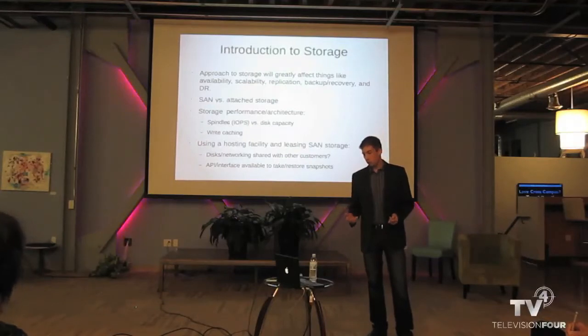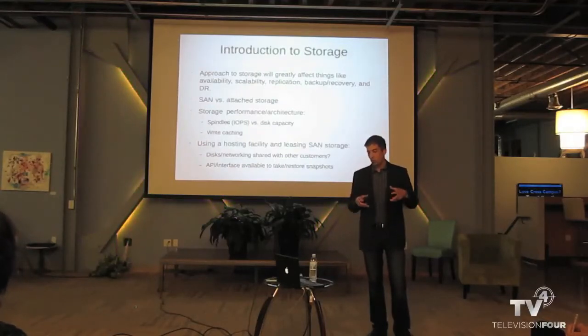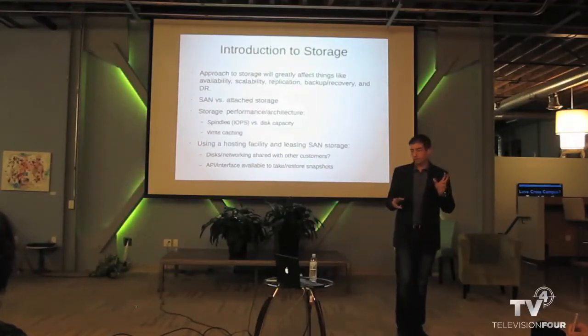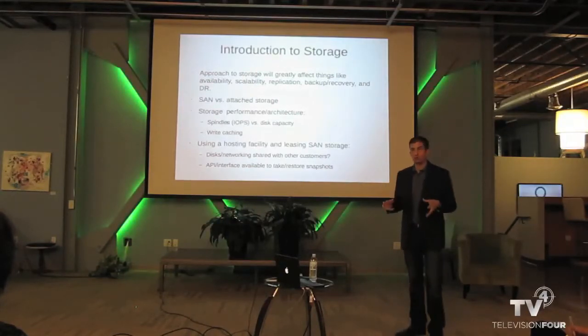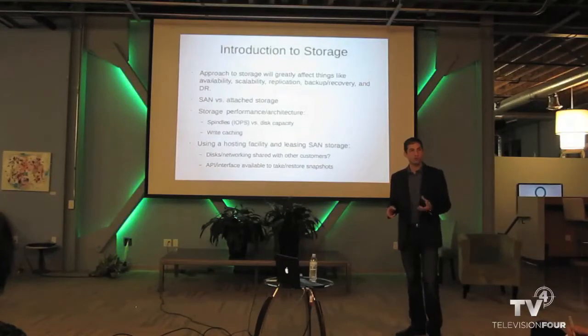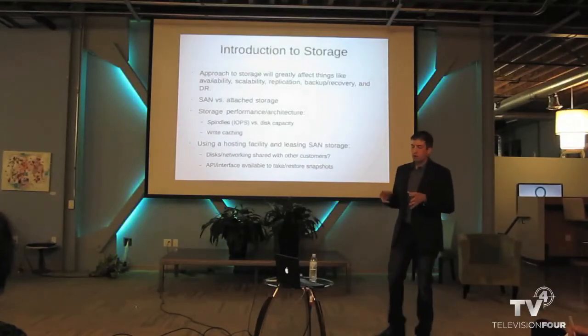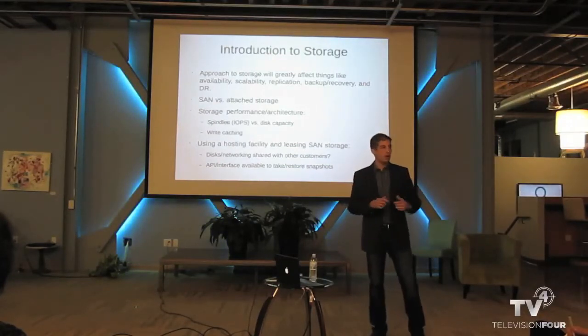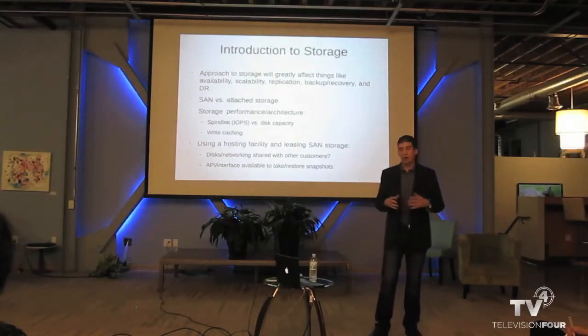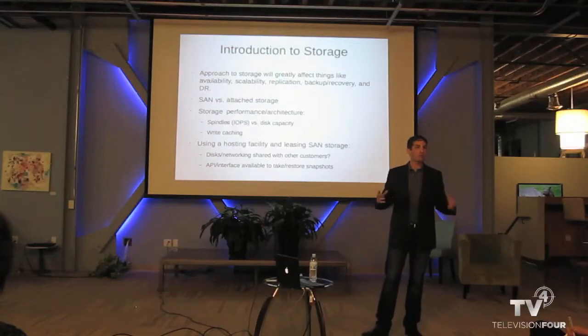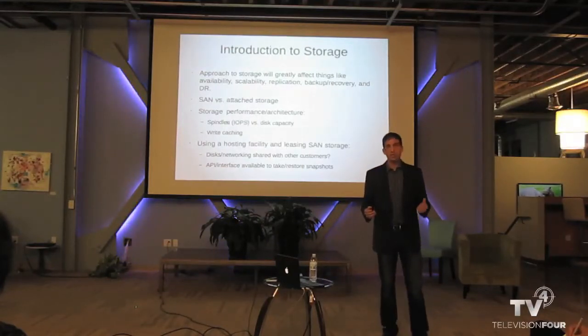In terms of performance and architecture, one of the big things is IOPS versus disk capacity. I'd like to mention this really quick without diving too deep into storage, because people often think about storage as, I have this many terabytes, why would I want to waste it? It's really all about IOPS and performance, and you get most of your performance based on the number of spindles that you have, a spindle being each disk.